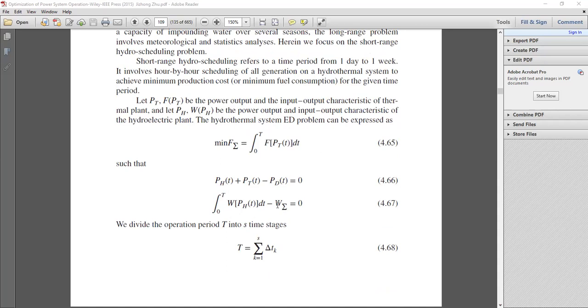And as per our assumption, for short range or short term hydro scheduling, this value will remain constant for that specific period of time throughout your optimization period.